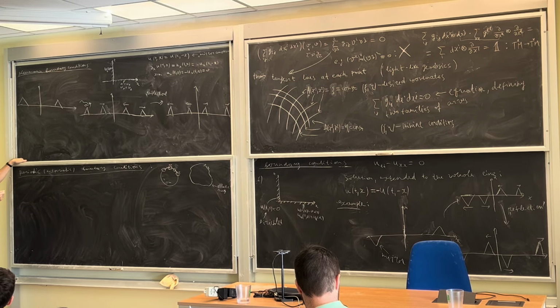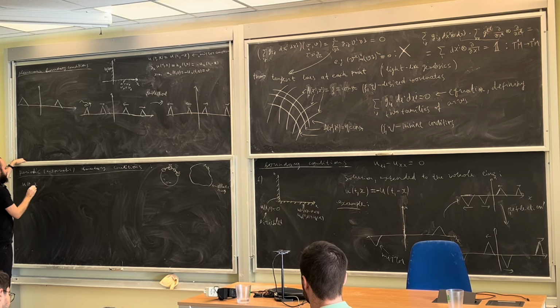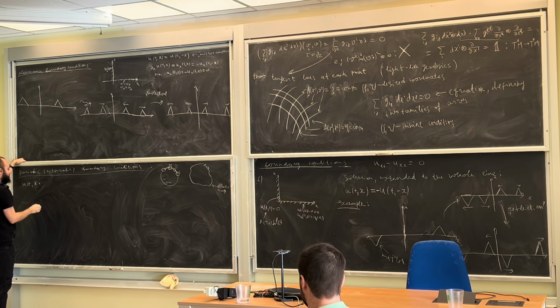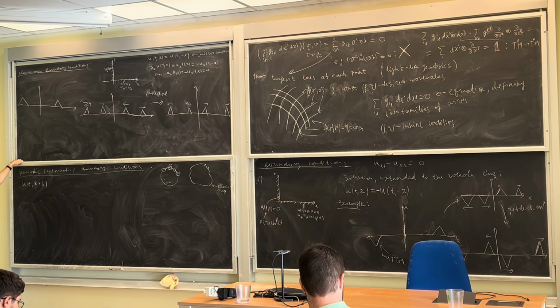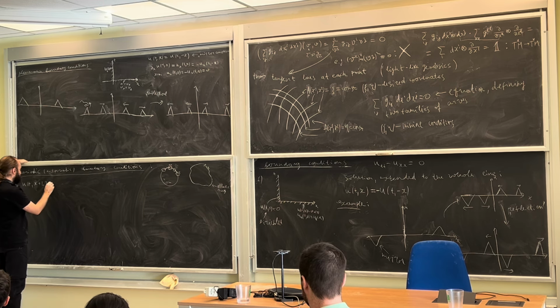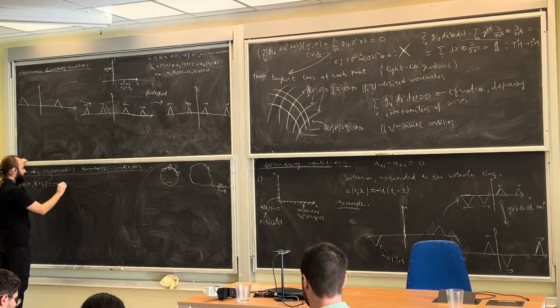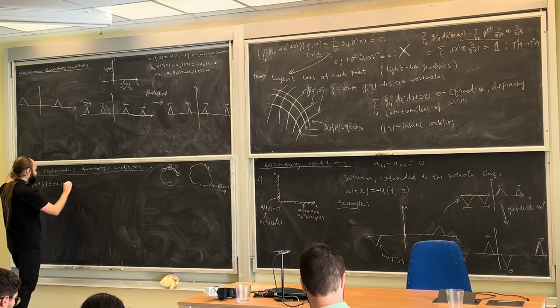Yeah, so periodic or anti-periodic boundary conditions mean that u of t and x plus L, where L is a length, it can be chosen equal to 1, doesn't matter, is the same as plus or minus u of t and x.